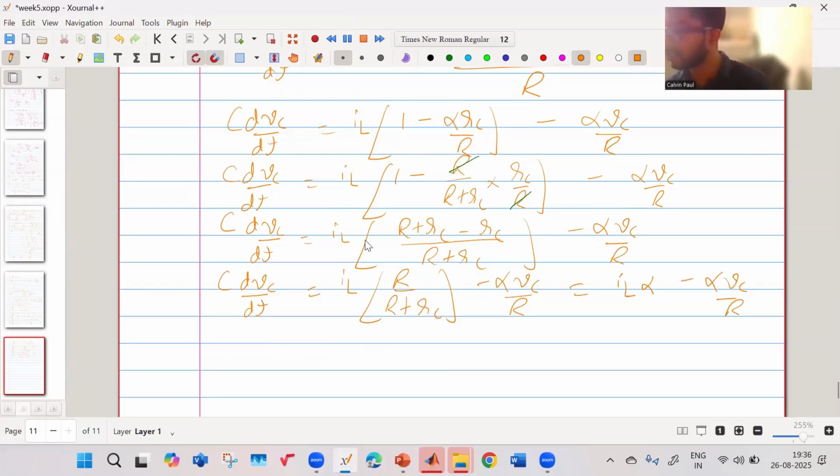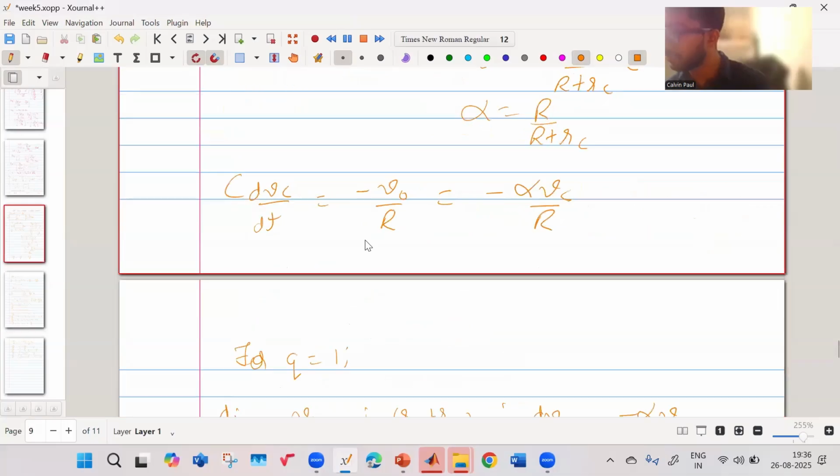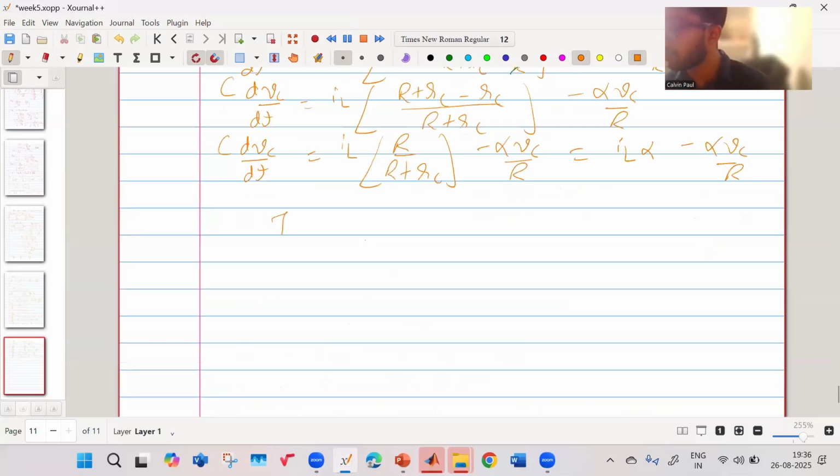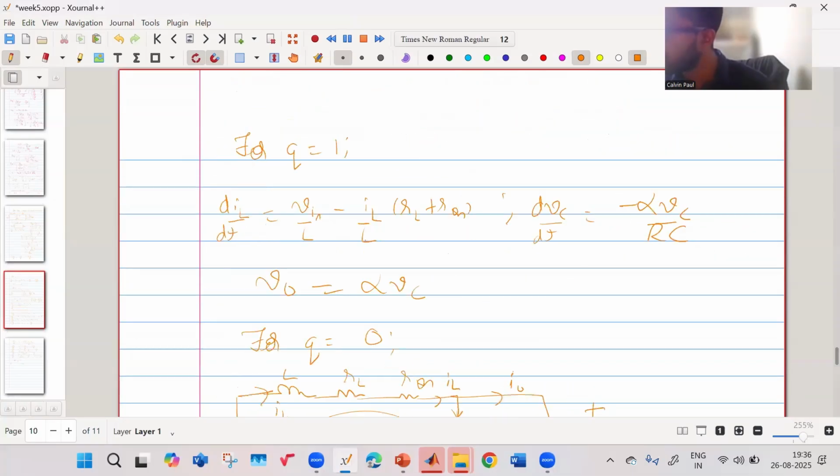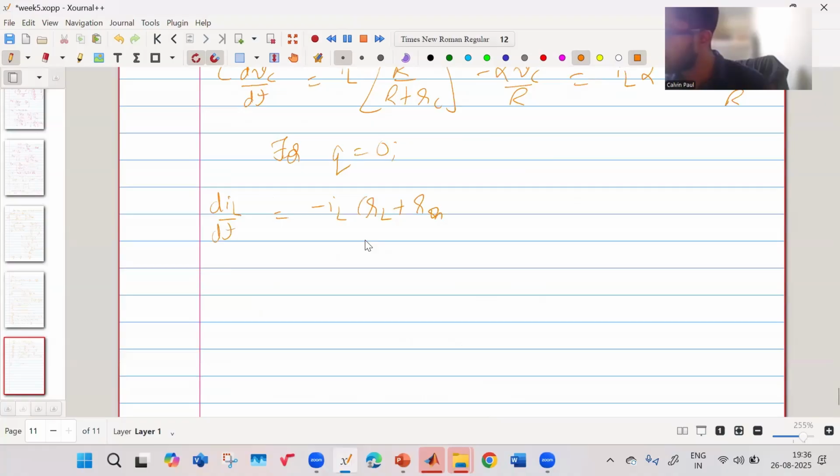So we can write for Q equal to 0, dIL by dt, that is equal to minus IL into RL plus R1. What is it? Wait a minute. Sorry.